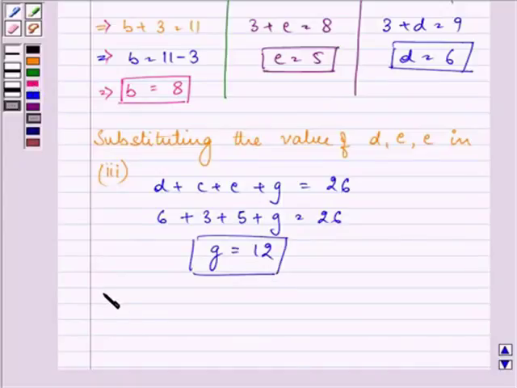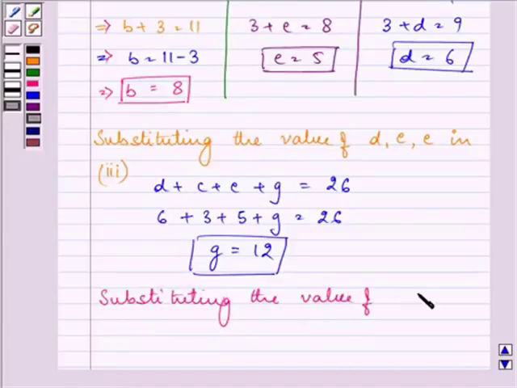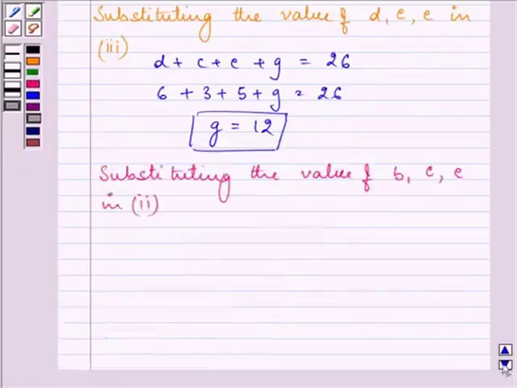Now, substituting the values of B, C and E in the second equation, we get 8 plus 3 plus 5 plus F is equal to 26. So the value of F comes out to be 10.